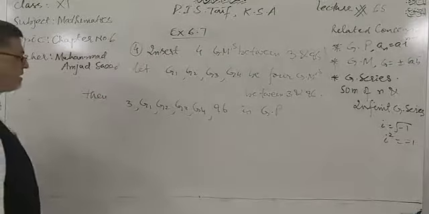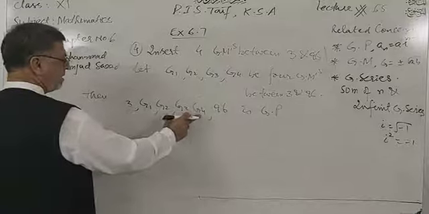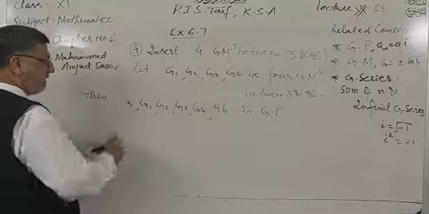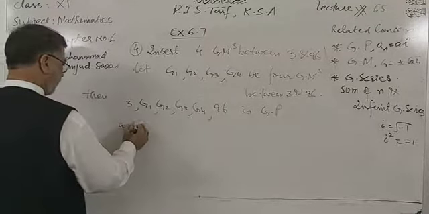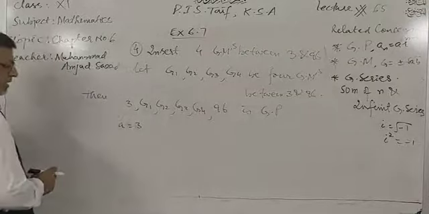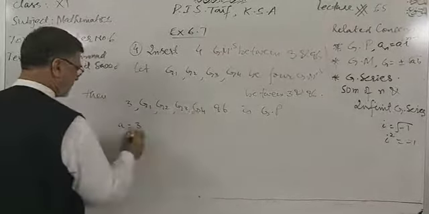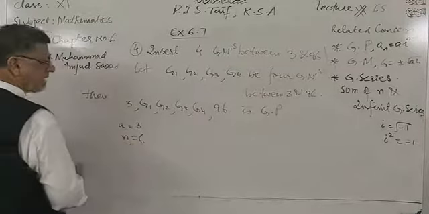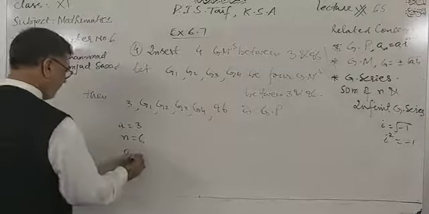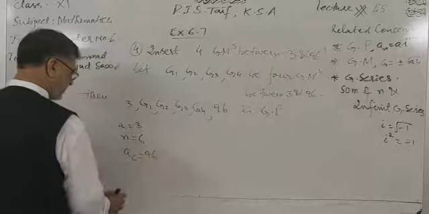So dear students, there are 4 geometric means between these numbers. So what about A? First term is 3. Then 1, 2, 3, 4, 5 and 6. So n is equal to 6, and A6 is equal to 96.